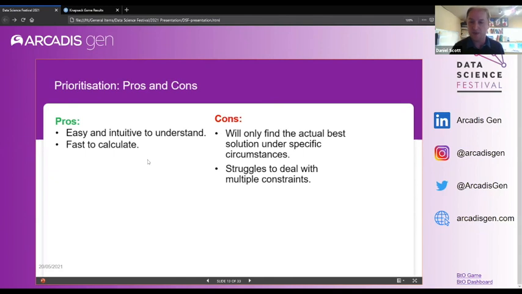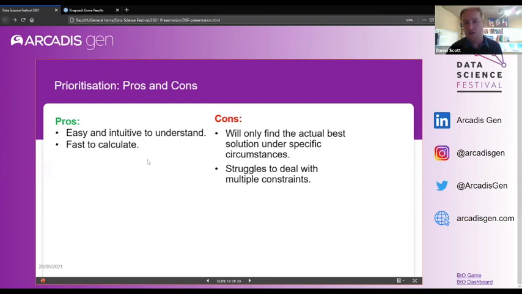If it is actually important to find the best answer, and where there are some significant financial savings or performance savings or anything else to be found by finding that marginal gain, then the prioritizers just aren't really good enough. They also struggle to deal with multiple constraints, and unfortunately, those are quite typical in the real world. It's very rare that we're only constrained on one front. In this case, we're only constrained by the weight limit of the bag.